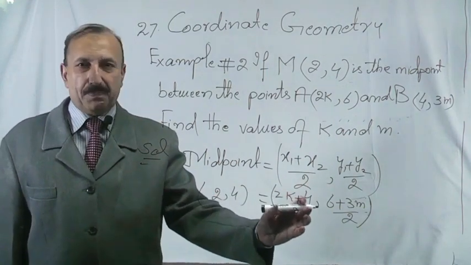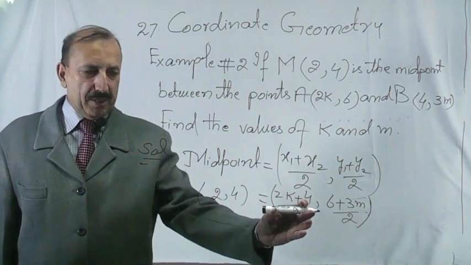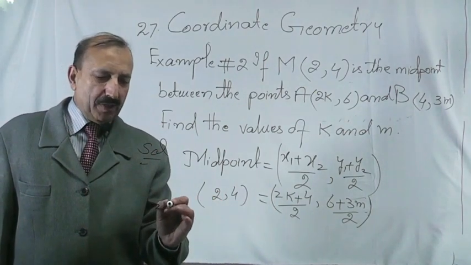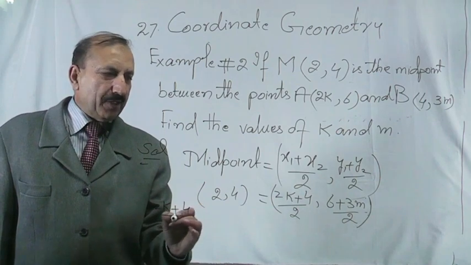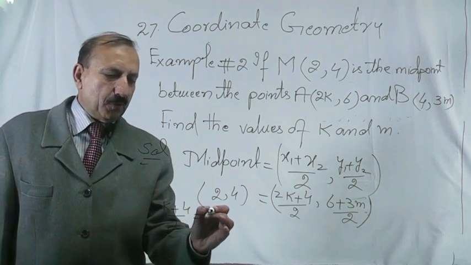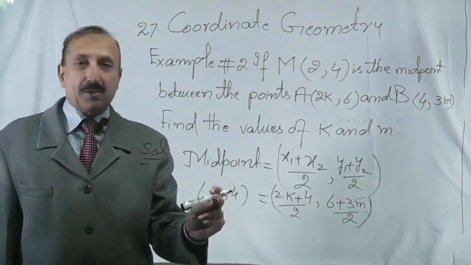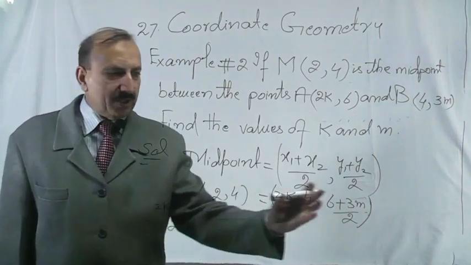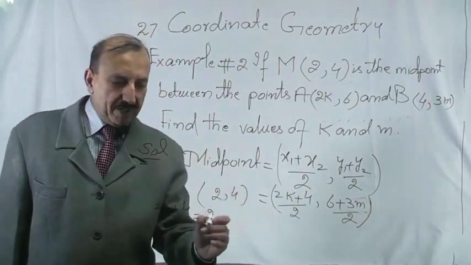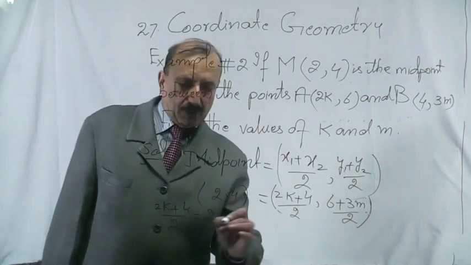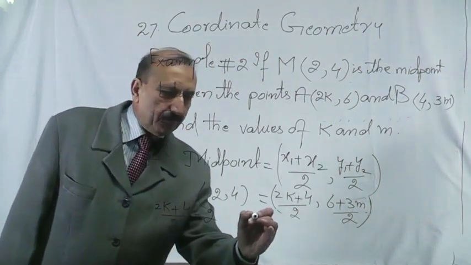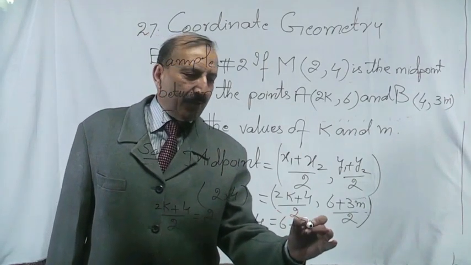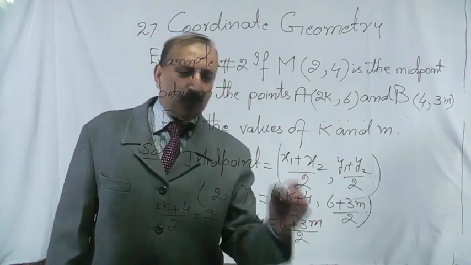What we do is we pick this x component from here and put it equal to 2 like this. This is 2k plus 4 divided by 2, and we put it equal to 2. We equate the x component with the x component and the y component with the y component. We put this y component equal to the y component and simplify it. Here 4 is equal to 6 plus 3m divided by 2.